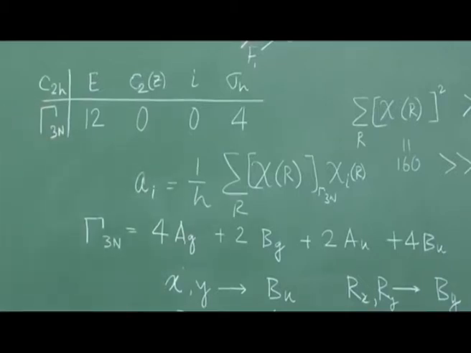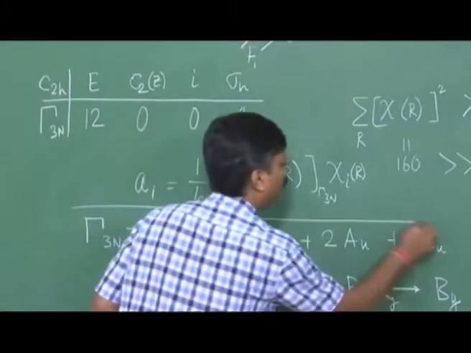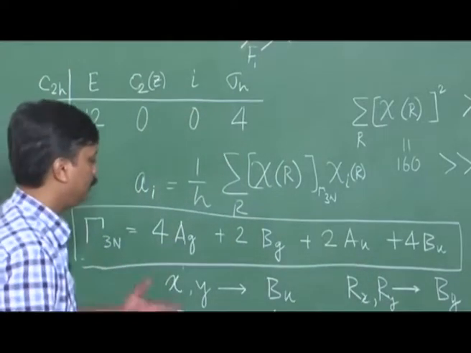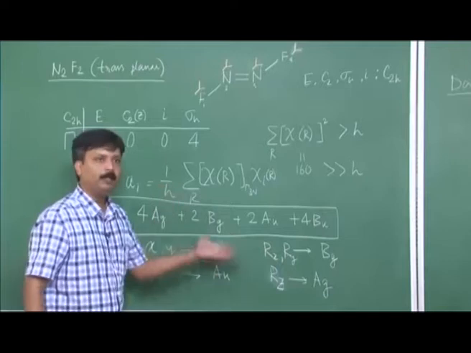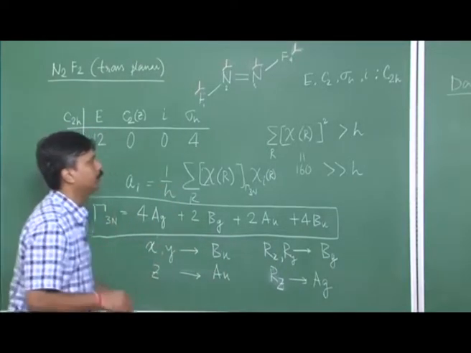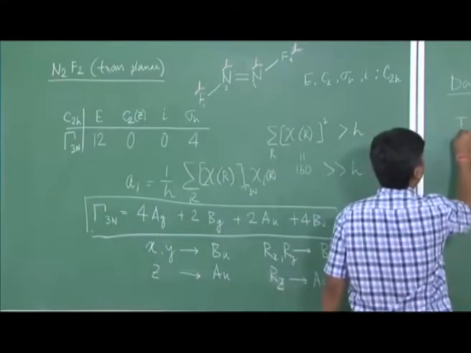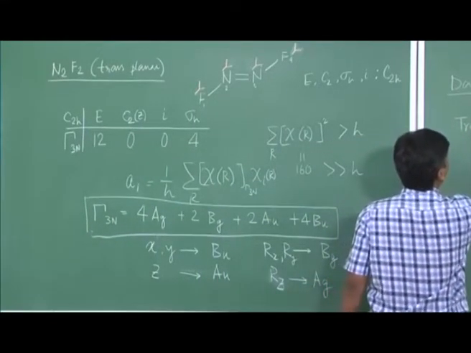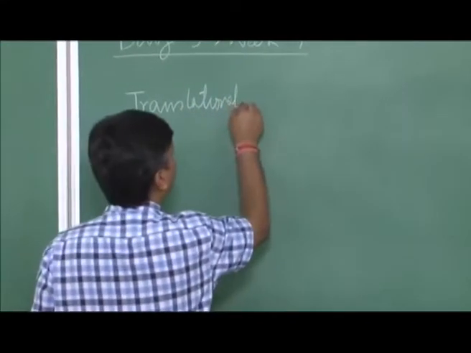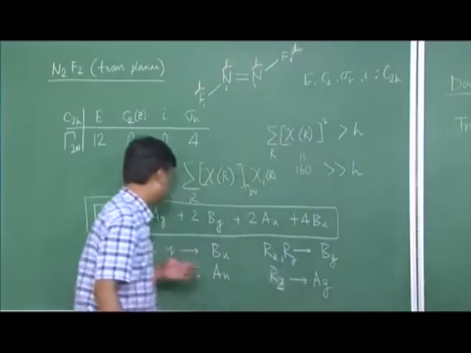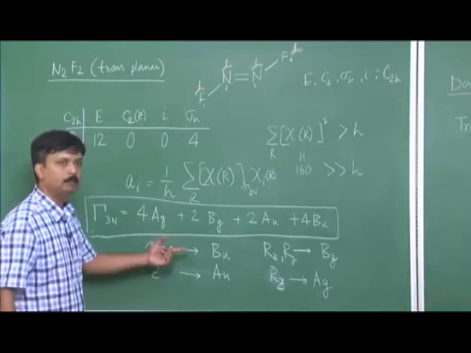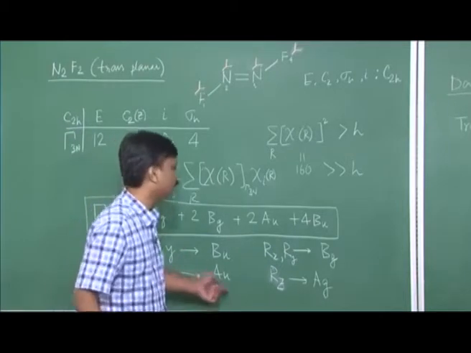So this is my overall irreducible representation, and then I have to get rid of the translational and rotational contribution. So translational contribution comes from this x, y and z. So both x and y transform as Bu, and z transforms as Au.